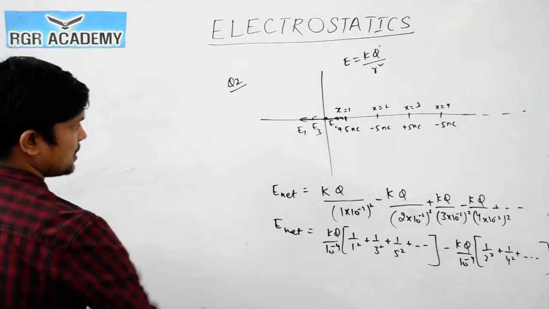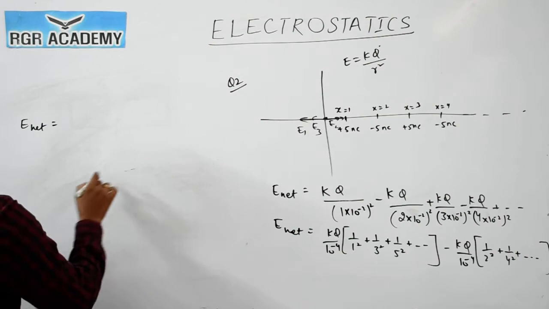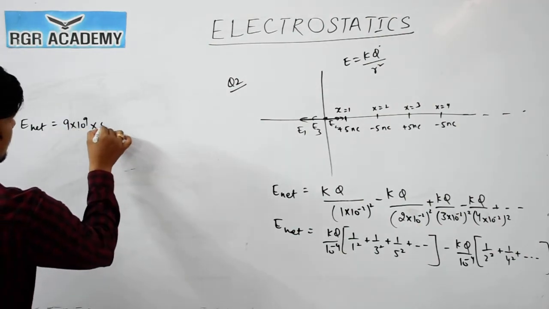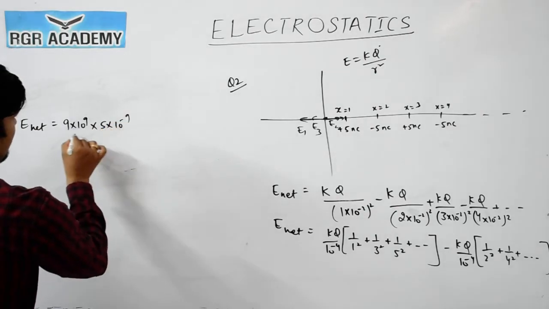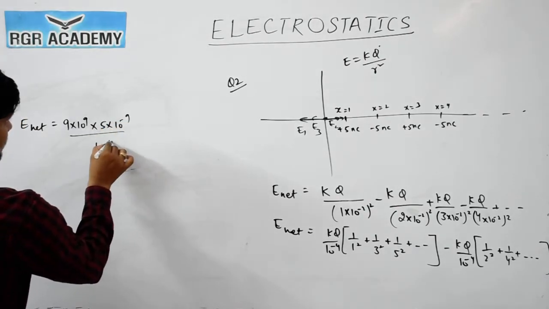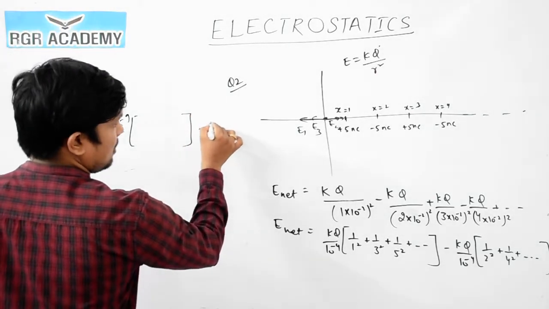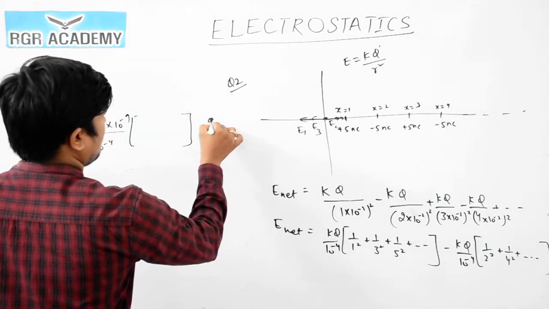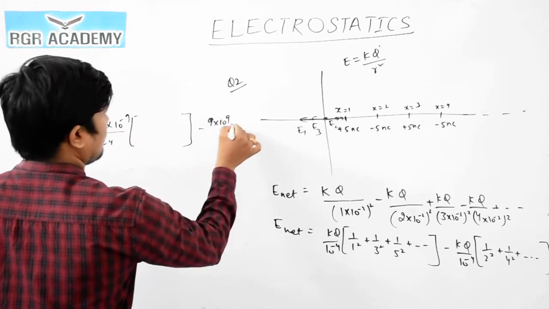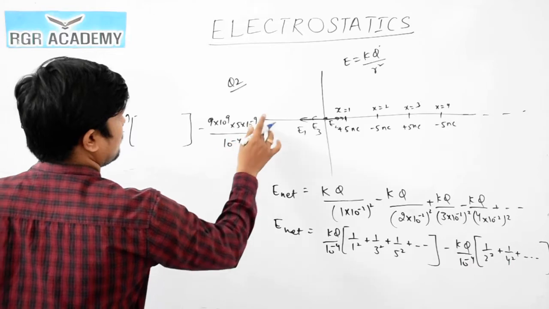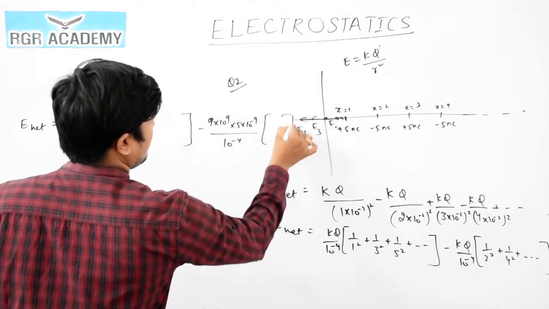So now if you replace the value of q, it will become k into q. K is 9 into 10 to the power 9, q is 5 into 10 to the power minus 9, divided by 10 to the power minus 4, with minus sign. Same terms, and same terms you will get like this.